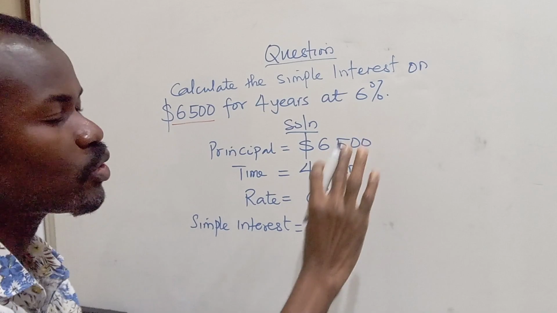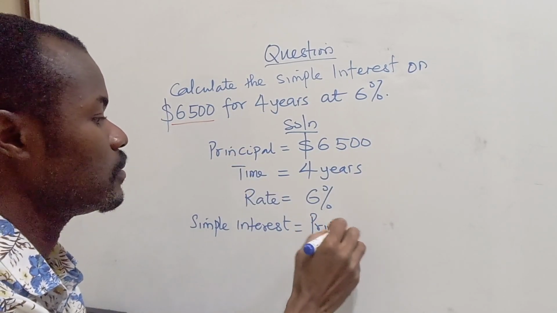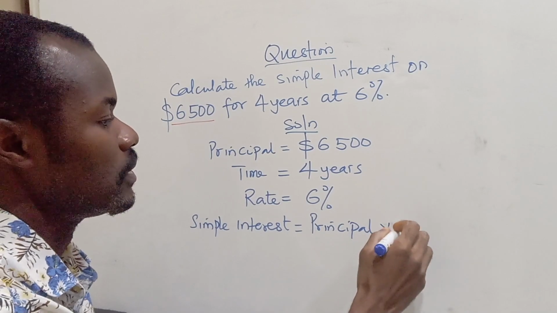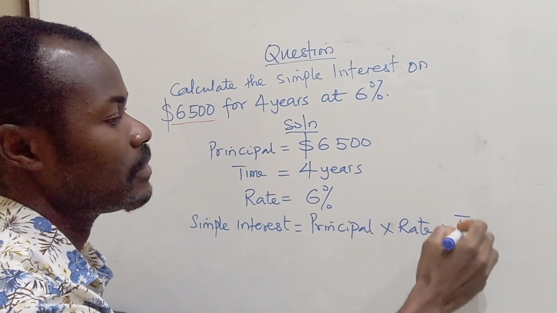Now, all we need to do to find our simple interest is multiply all three: the principal, that's the money borrowed, multiplied by the rate, and multiplied by the time.